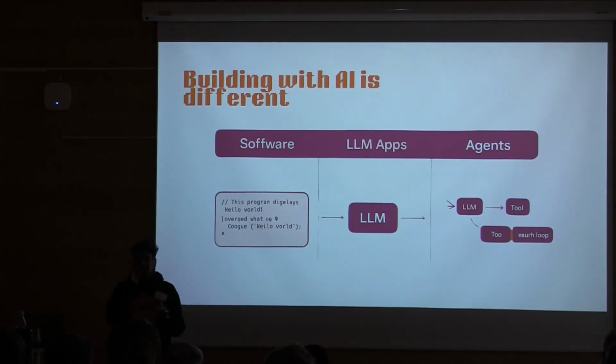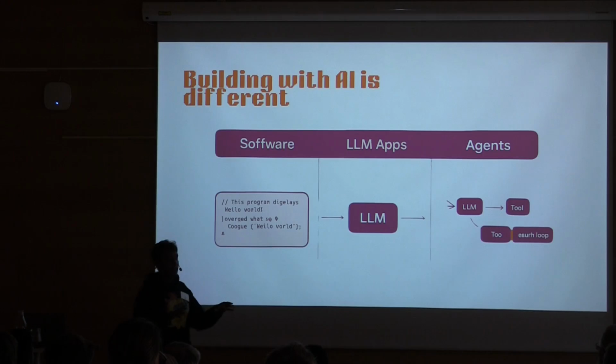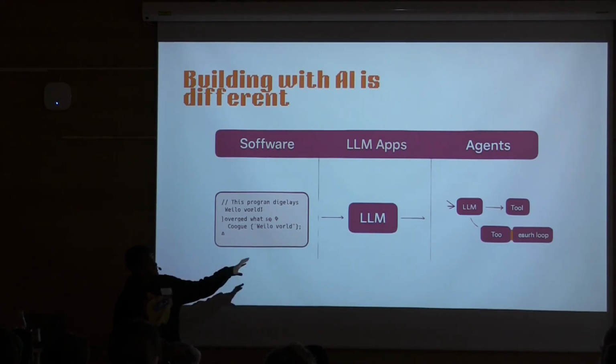I think all of us being here have worked with software and created applications at the end of the day. Earlier, we used to just have an API call, which would be a successful API call or a failed API call. Then LLMs came into play, where we gave an input and a response came.